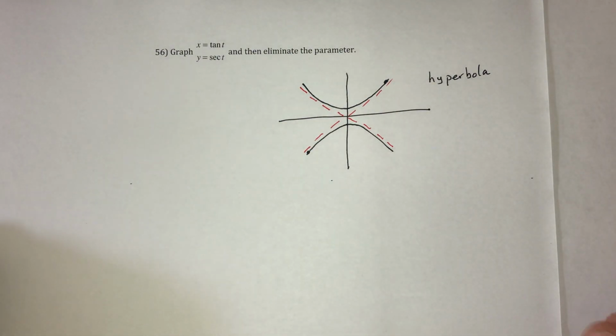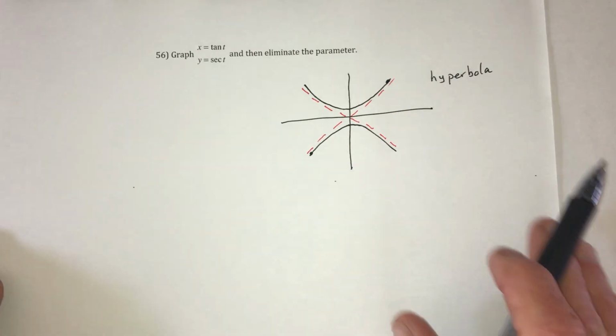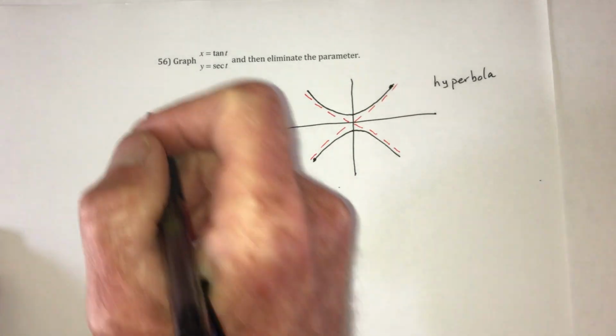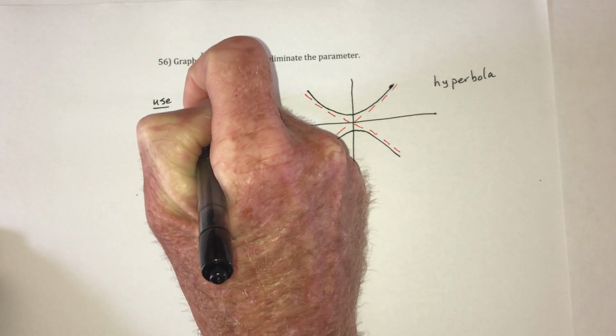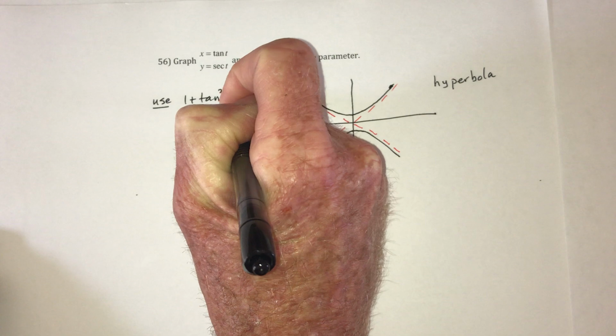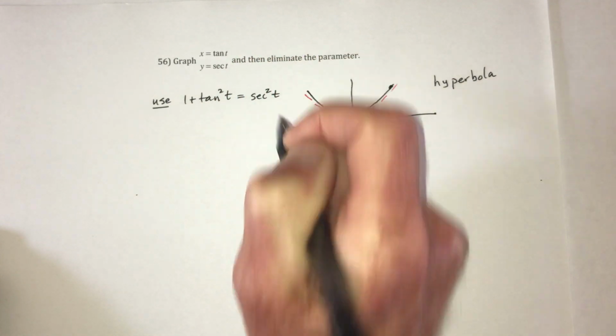Okay, we've done the graphing part. Now eliminate the parameter. Well, with secant and tangent, we're going to use this trig identity: 1 plus tangent squared is equal to secant squared.